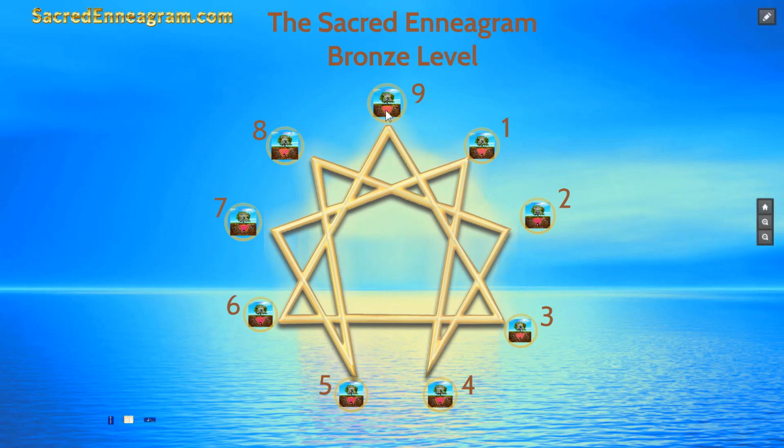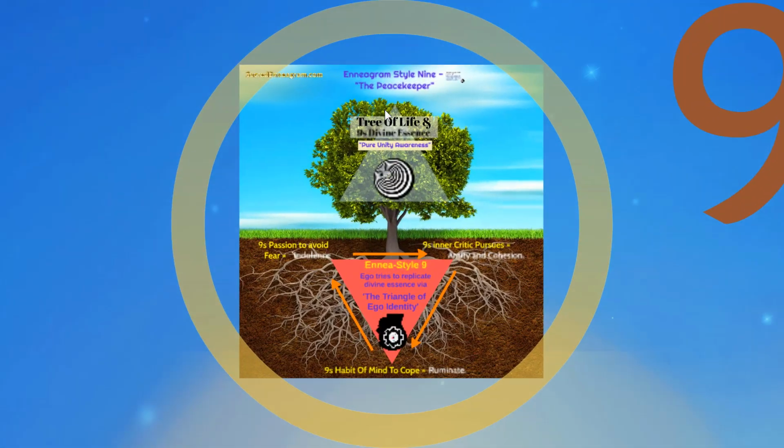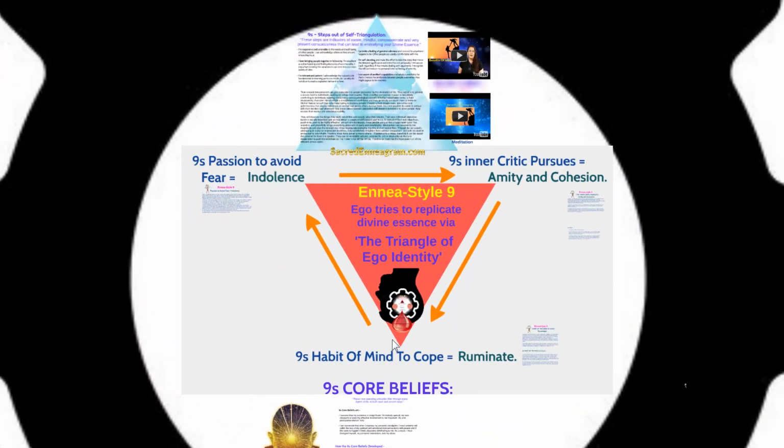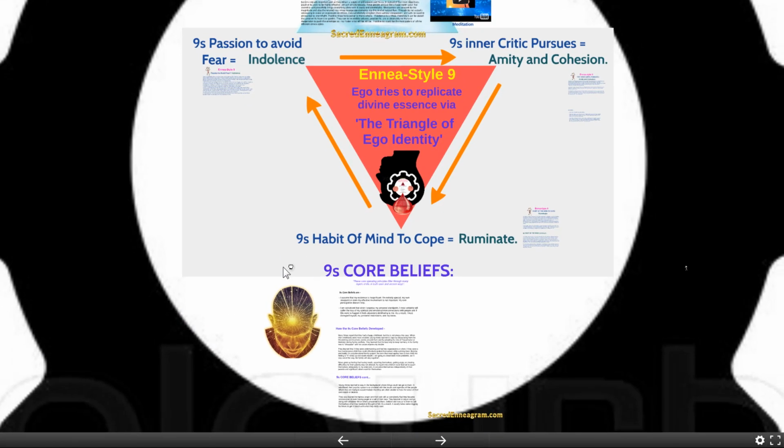So let's just go into Enneagram Type 9's Tree of Life diagram here, and zooming in further. So once again, we're back to the triangle of ego identity with all the information on the passions to avoid fear, the inner critic pursues, and the habit of mind to cope, and the core beliefs down the bottom here.